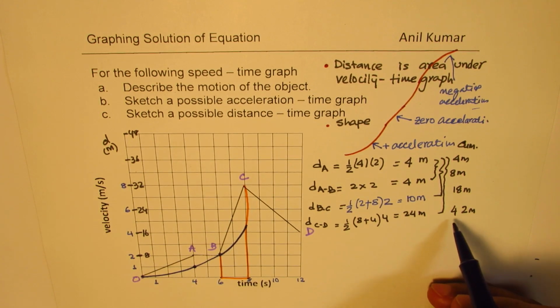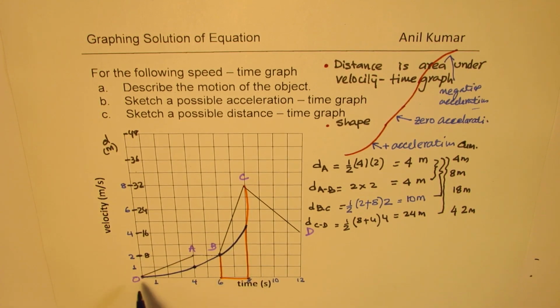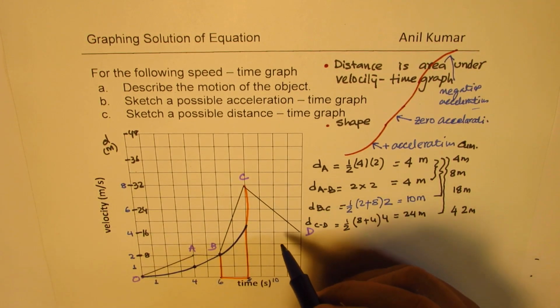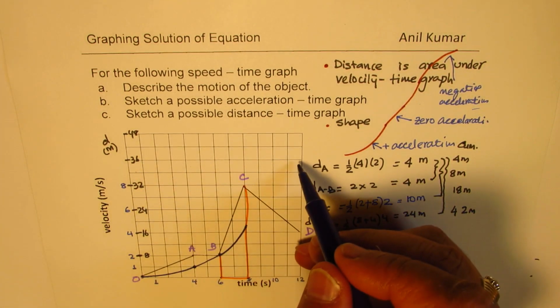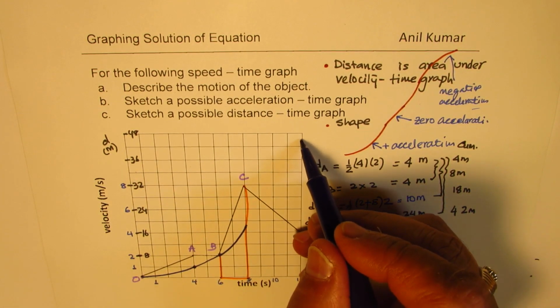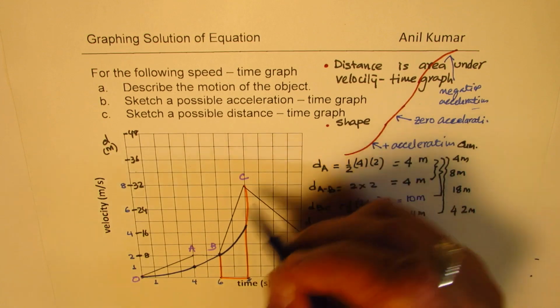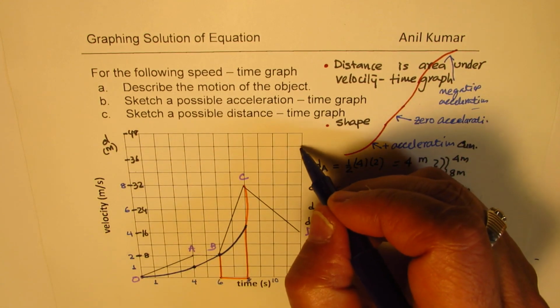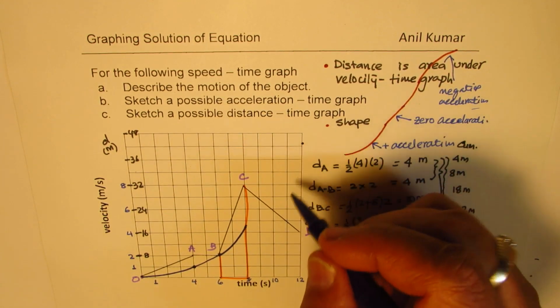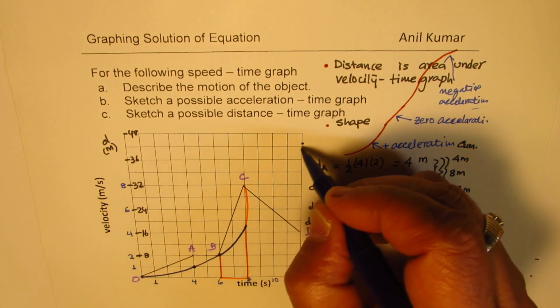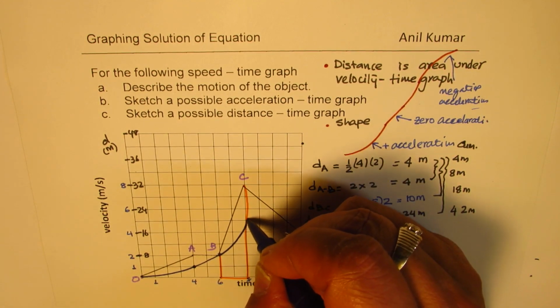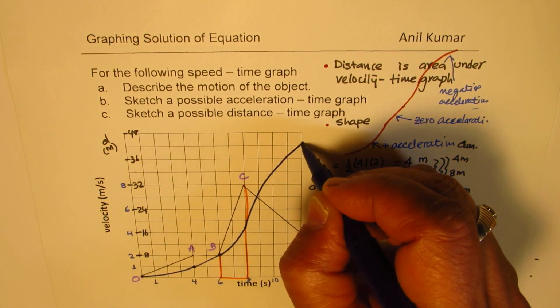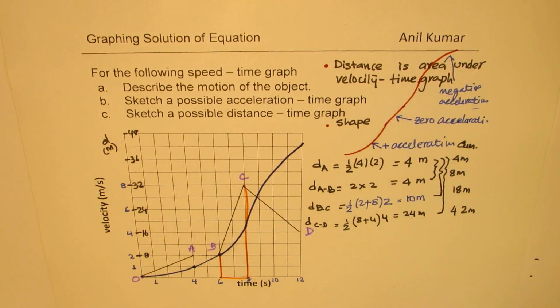Ultimately, a point is reached which is 42 meters away from the origin. So 36 and 4 is 40, and then each unit is 4, right? So we have 42 around here, right? So that curve has to be like this since there is deceleration at this time, right? You see the shape of the curve.